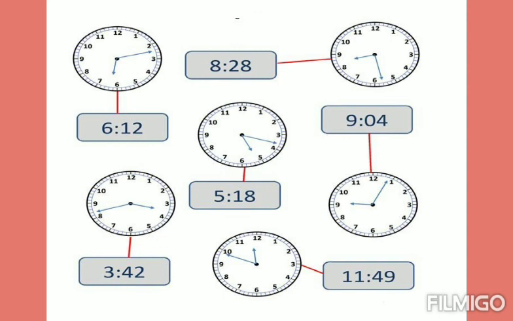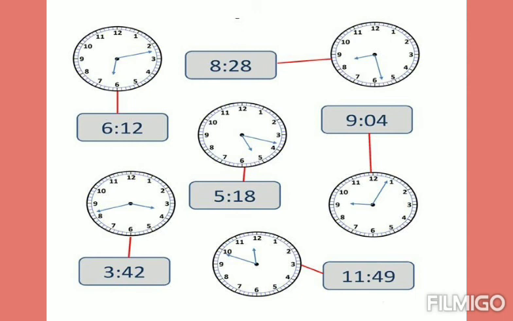Next, look at the next clock. In that we have the hour hand between 9 and 10, and the minute hand is between 12 and 1. It has covered exactly 4 small divisions. So the time is 9:04. That can be read as 4 minutes past 9. Okay, and look at the next one.